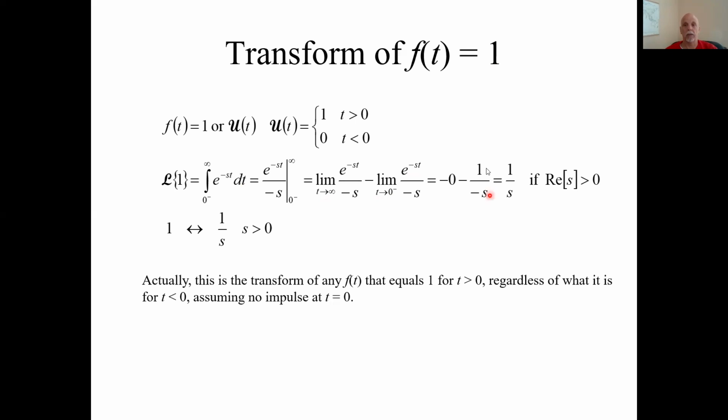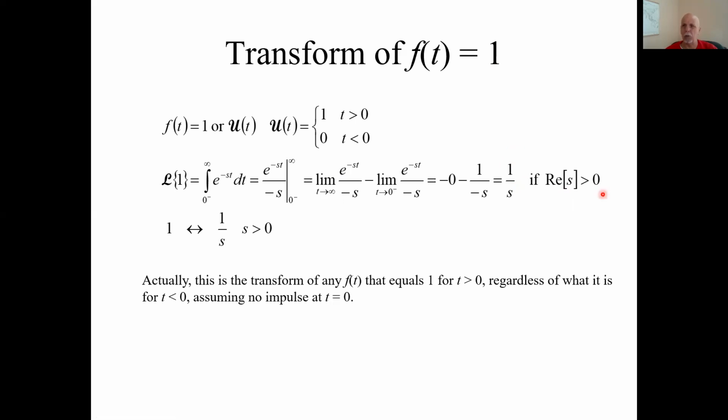So we get that. What about this upper limit? T goes to infinity. Well, if s were negative, this limit wouldn't exist. It would go off to infinity. But if the real part of s is greater than 0, then this top part goes to 0. This whole thing just evaluates to 1 over s.